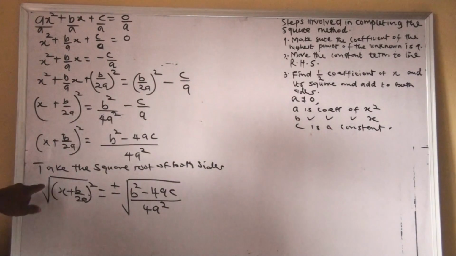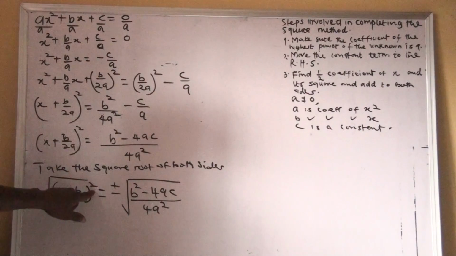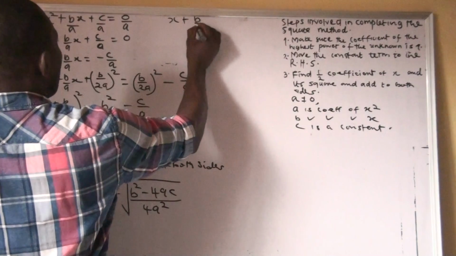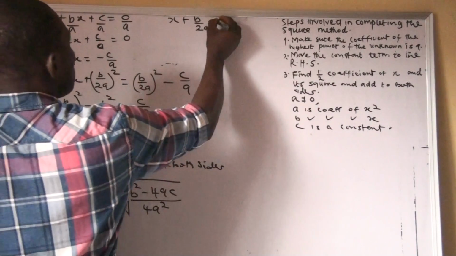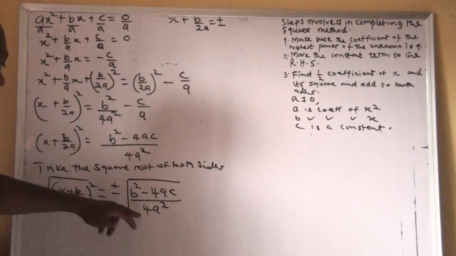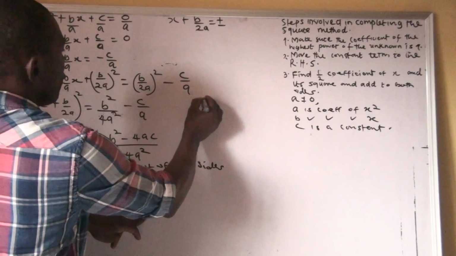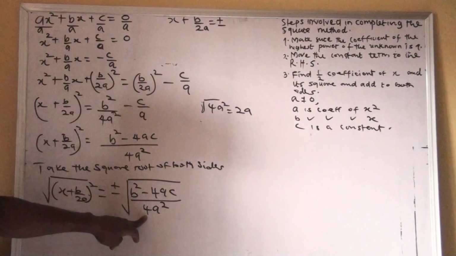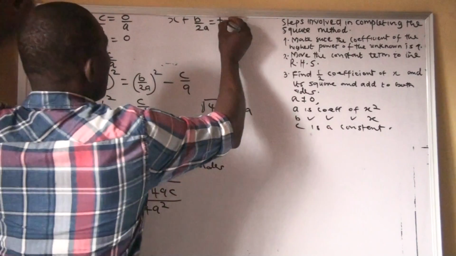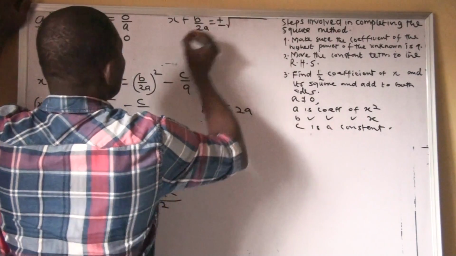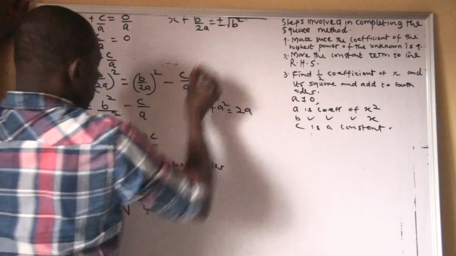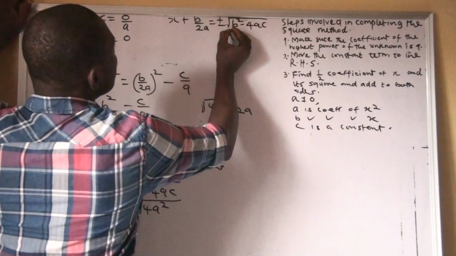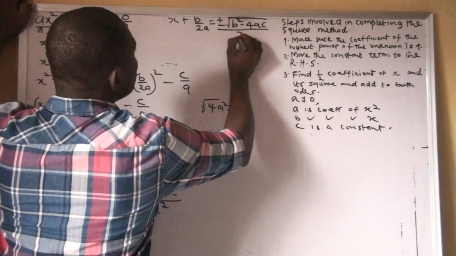And this square root will cancel this, and this becomes x plus b over 2a is equal to plus or minus. And if you look at this, the square root of 4a squared is just 2a. So here we're going to have 2a, this is b squared minus 4ac all over 2a.